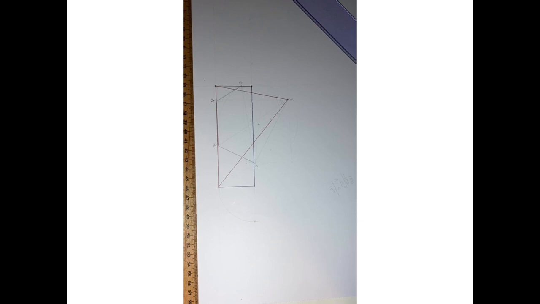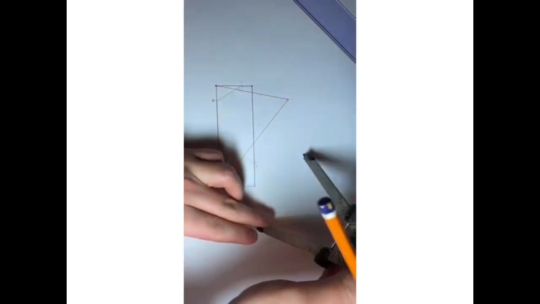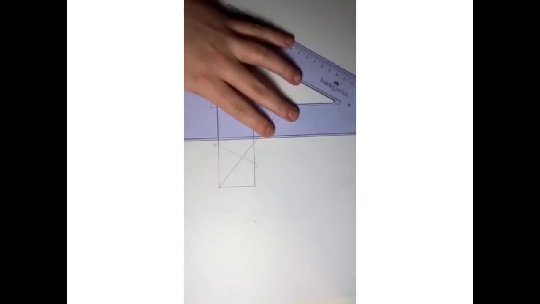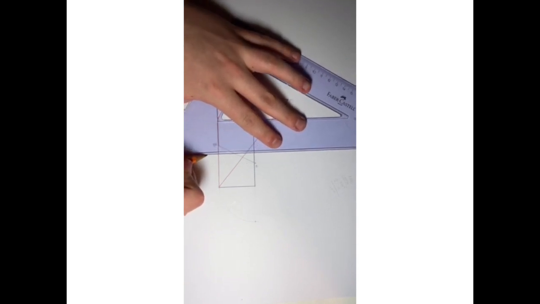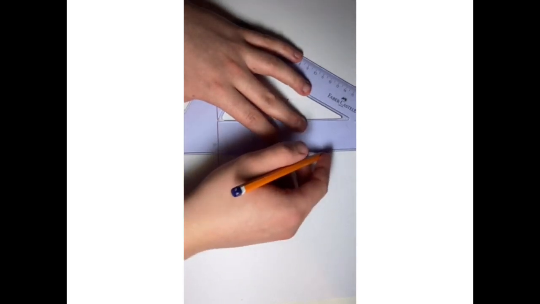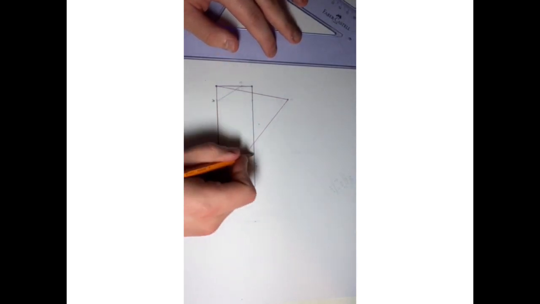So we can then bisect that line, which gives us the center point of that line. Nice and light. This point here is now the center point. I'm just going to label that P.